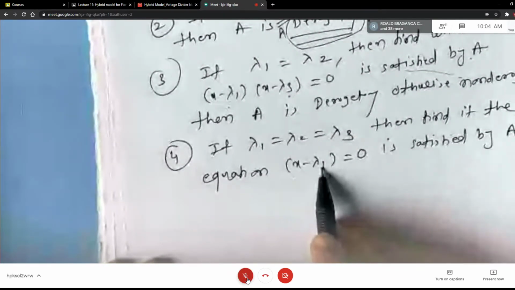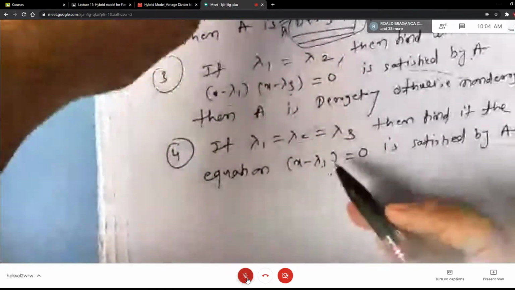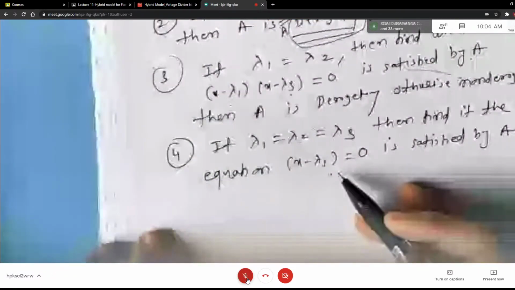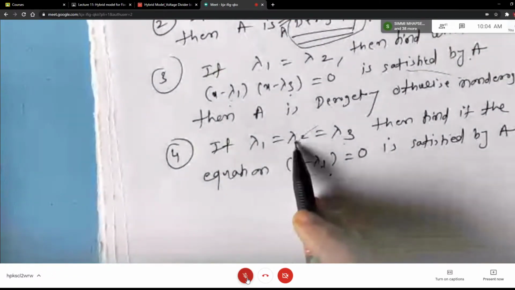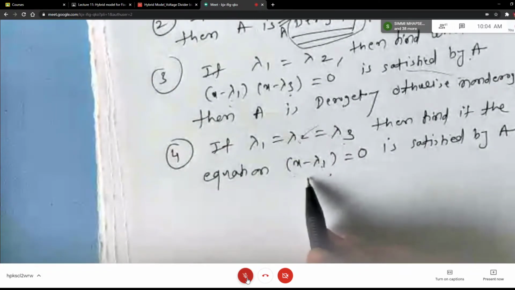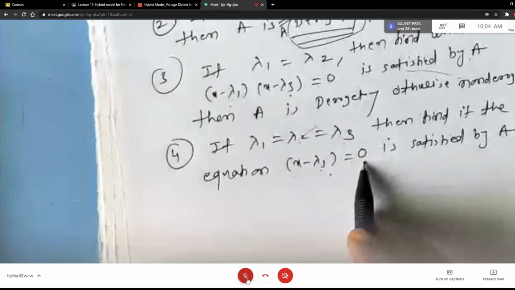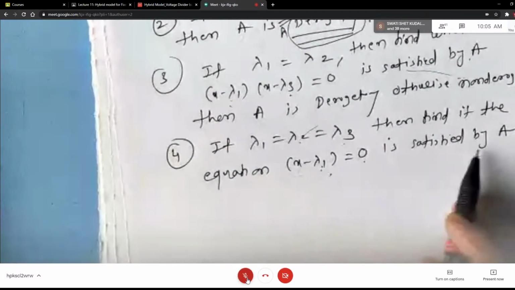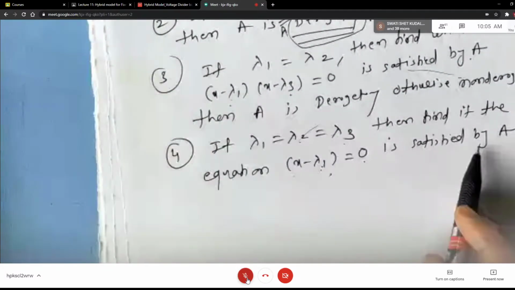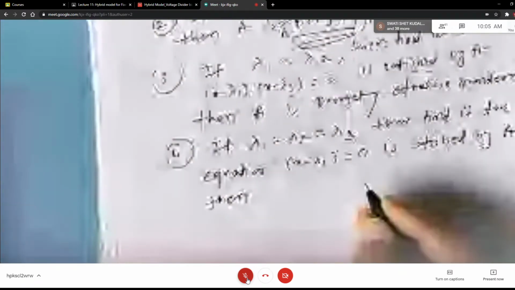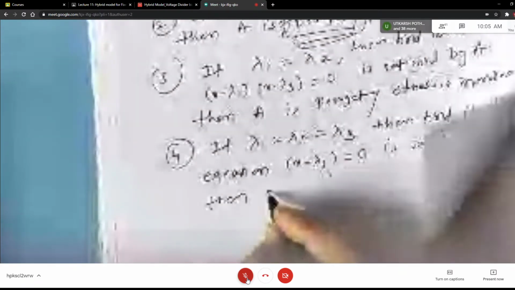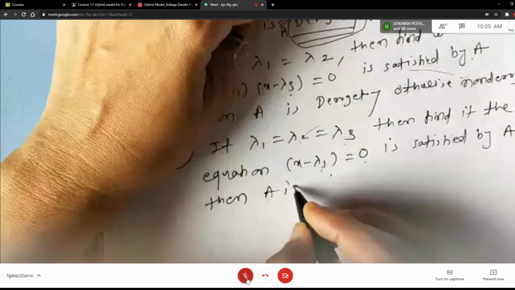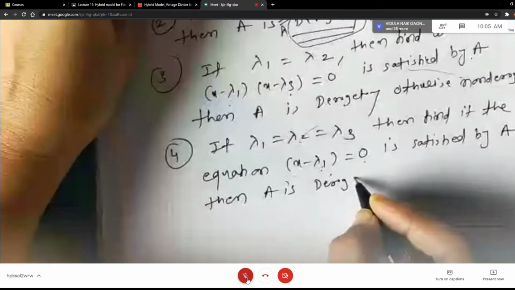Because lambda 1 is the same as lambda 2 and lambda 2 is also the same as lambda 3. So I am skipping lambda 2 and lambda 3 and taking only one equation, x minus lambda 1 is equal to 0. When you replace x by A and if the equation gets satisfied, then the matrix is derogatory. Okay, otherwise non-derogatory.